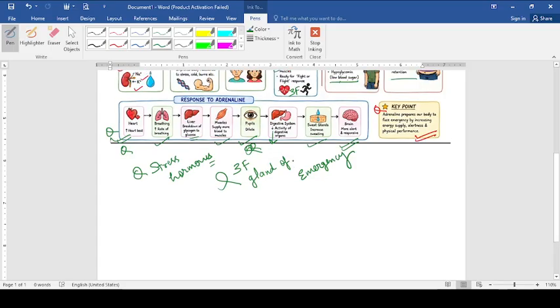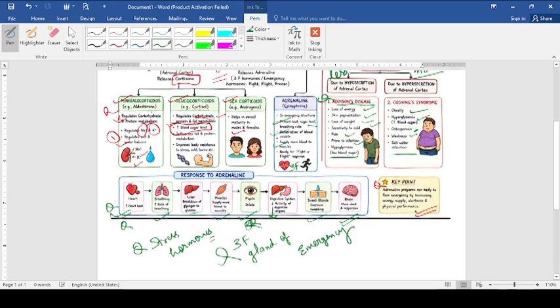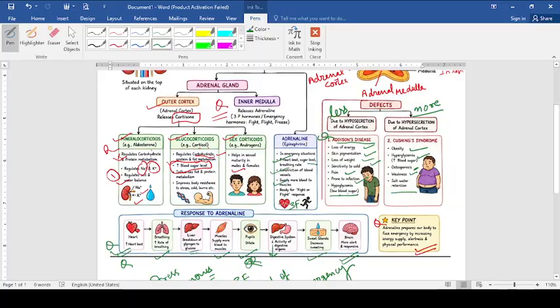These are two of the board questions asked, and commonly they can ask you about adrenal virilism. This is one of the problems which happens in females. So this problem is adrenal virilism, which we have to prepare well for the examination. And diseases will always be asked from you by name, and the set of symptoms could be asked from you in this. So I hope this topic is clear to you all.